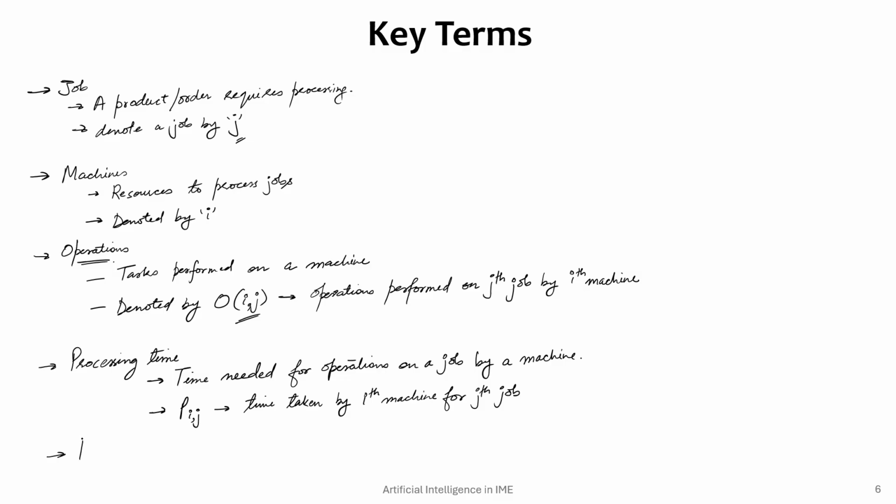The other term is release date. This is the earliest time when a job denoted by J can start getting processed.